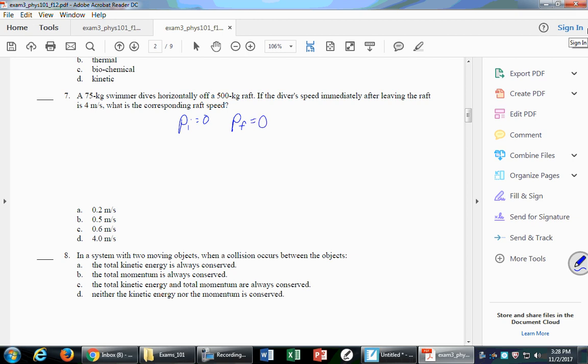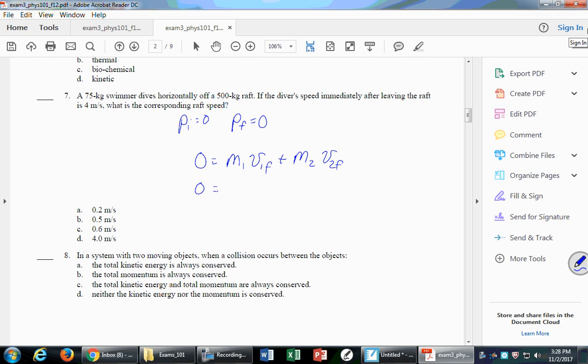So you say Pi is equal to Pf. 0 is equal to m1 v1f plus m2 v2f. The left-hand side is 0 because nothing's moving at first. Vi1 and Vi2 are 0.